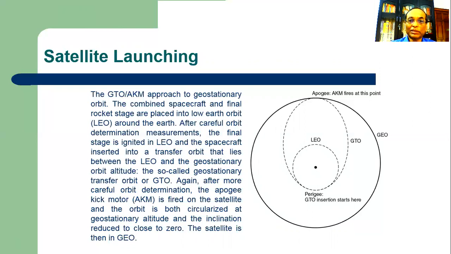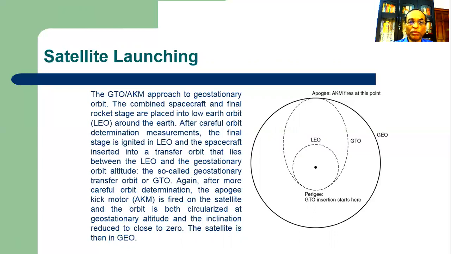The combined spacecraft and final rocket stage are placed into low Earth orbit initially, that is the nearest orbit. LEO is the nearest orbit. So the rocket stage is placed into low Earth orbit initially, before placing into the geostationary Earth orbit.